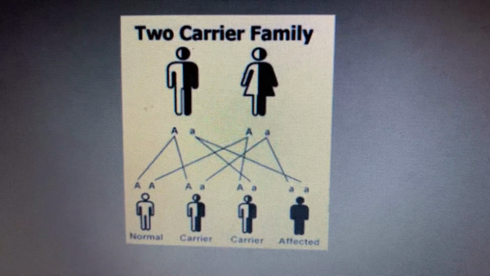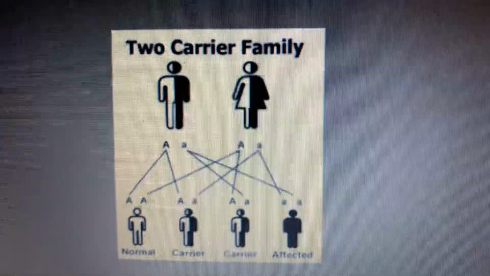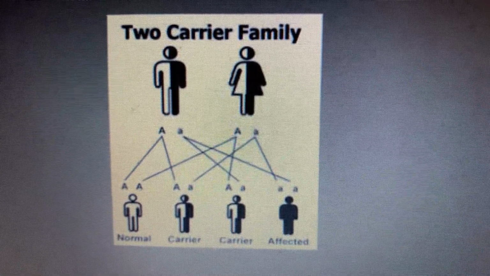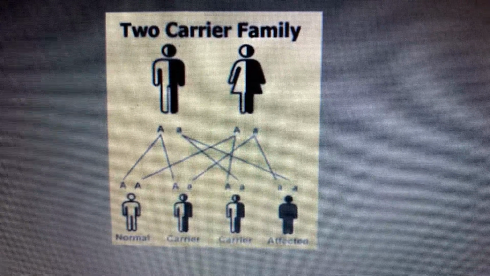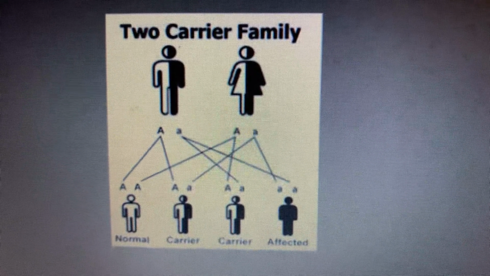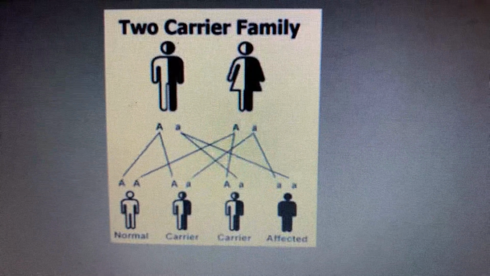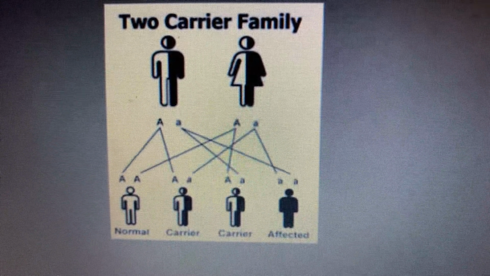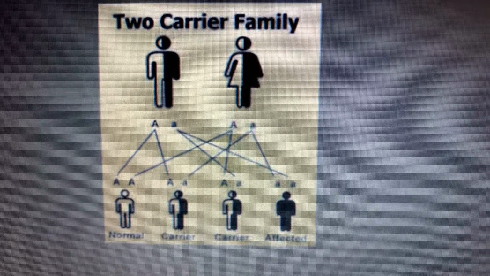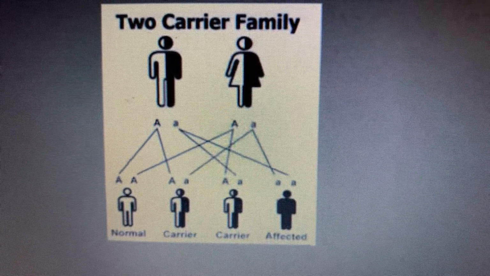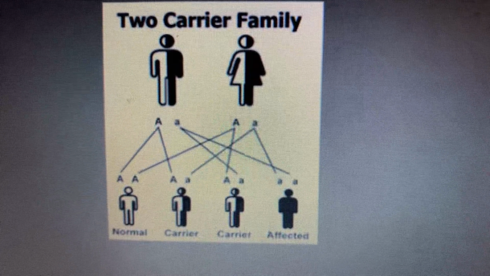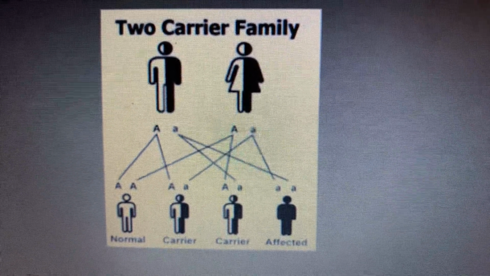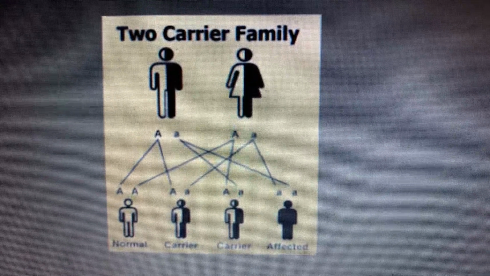Of the possible offspring, a child that is homozygous dominant receives both dominant alleles from them and is normal, or they have a 50% chance of having children that are also carriers, heterozygous, and a 25% chance of having a child that inherits both recessive alleles and actually has the disorder.